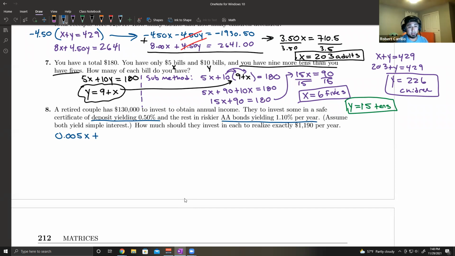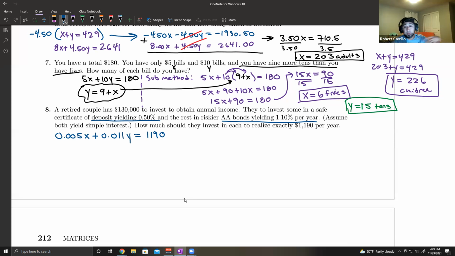Convert that to decimal, and you should have 0.011y. Okay. And with these interest rates, we want to make $1,190 per year.